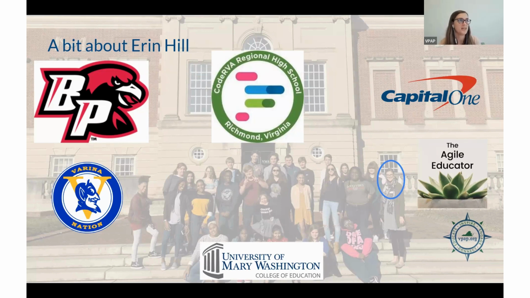And that's where I got some of my project management and product development chops. I ended up working at Capital One for a time with data teams and tech teams to develop products there. And then I started my own business, The Agile Educator, and then made my way to VPAP, the perfect intersection of all the things that I'm passionate about and have experience with and skills doing.